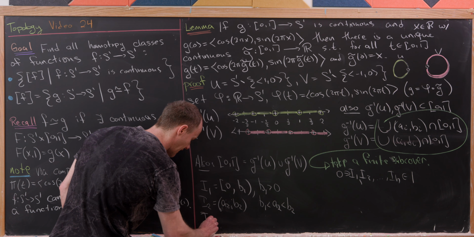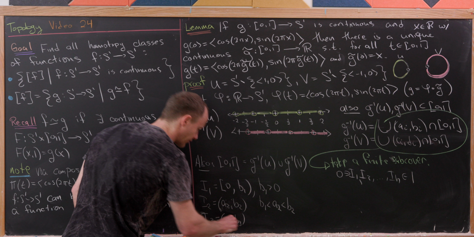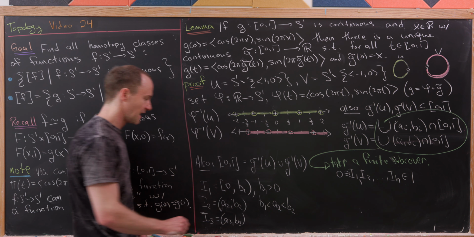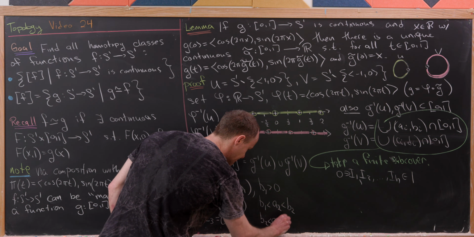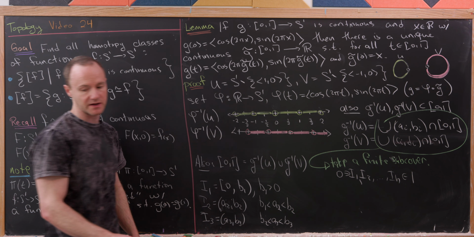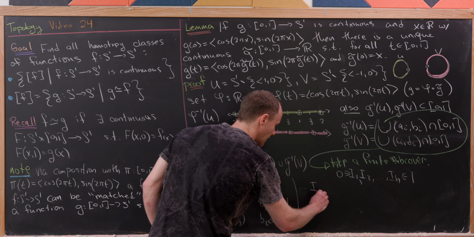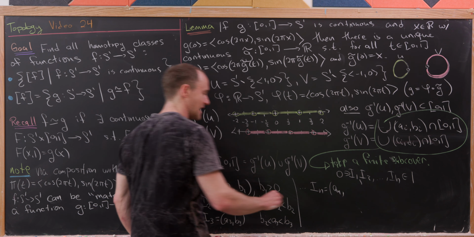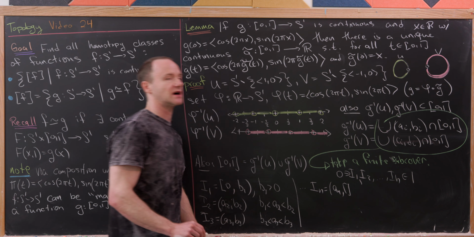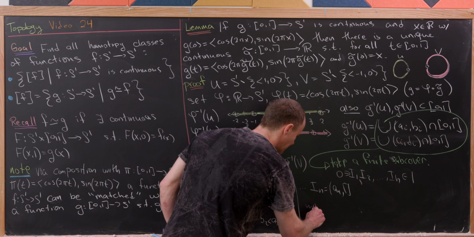So for example, I3 will be equal to (a3, b3), both open, and here we have b2 is less than a3, which is less than b3. And then finally, if we continue this on and on, we know that IN will be equal to the interval (aN, 1]. Okay, so that's going to give us all of these numbers here.